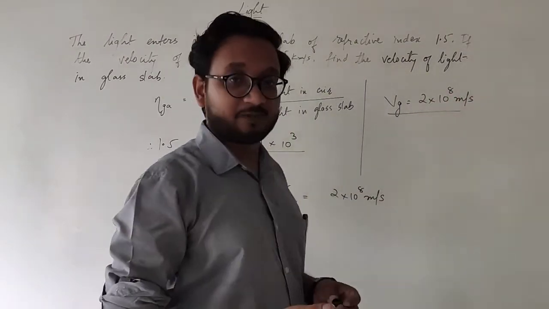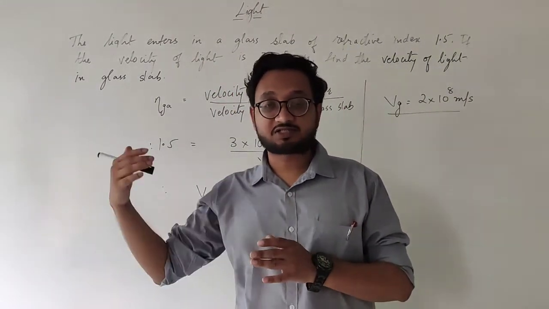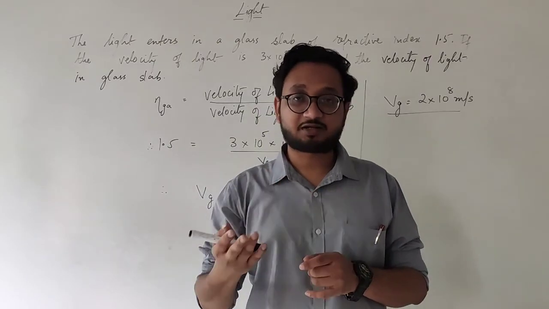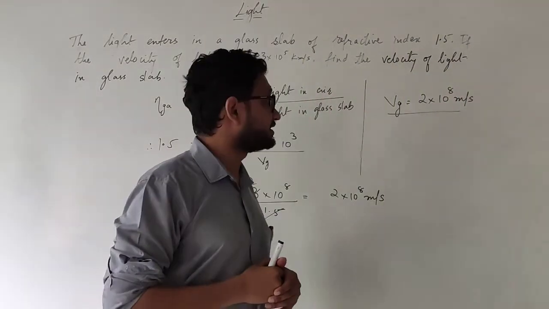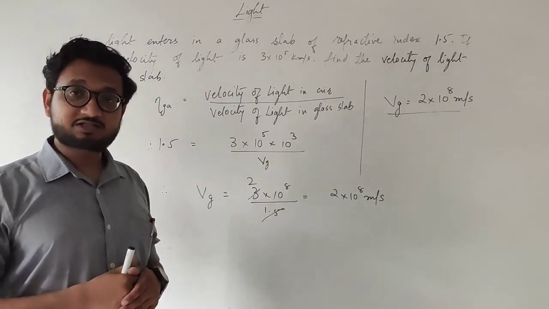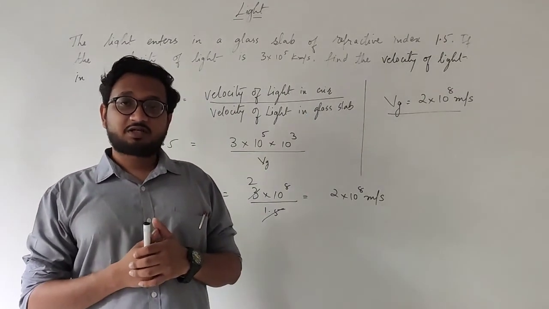Now as you can see, when it has entered a denser medium, its velocity is affected, because in air it moves much faster and in the glass slab it moves much slower. Still quite fast, but comparatively quite slow. I hope it is clear to you students.